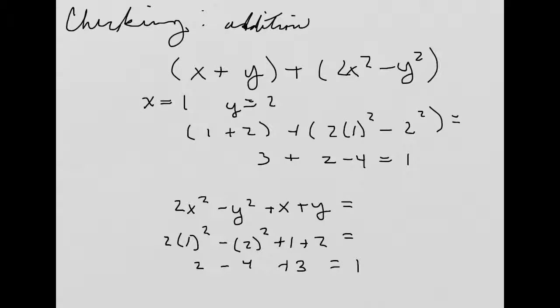And you guys can check that and see that it is correct. It simplifies to 2x squared minus y squared plus x plus y. And if we plug in our same values for x and y, we come up with the same exact answer. So you can see that the simplified version of this is actually equivalent to the addition of it.